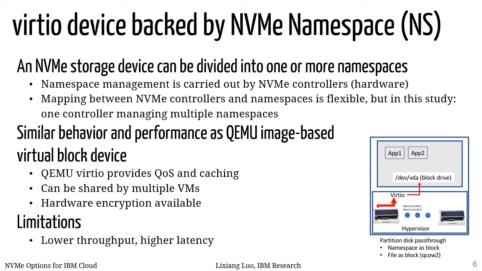The sharing of the device is very flexible. It can be shared by multiple VMs. Hardware encryption is also available. The biggest limitation or disadvantage of the VirtIO device is the emulation overhead. The throughput is generally lower and the latency higher as well.